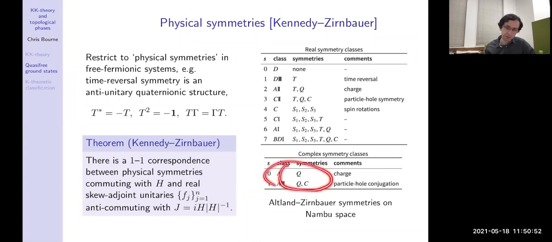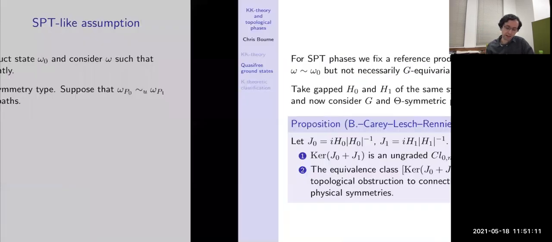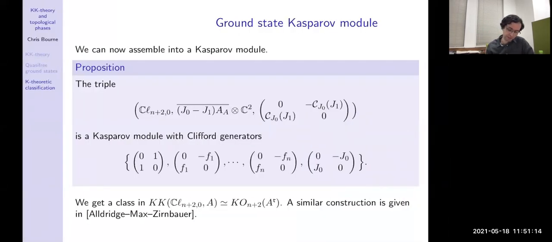When you have these complex symmetry types, which I didn't discuss, you can do a reduction so that you no longer have to worry about the real structure and you're back in the complex Hilbert space picture. So you will not get elements in the real K-theory, just in the complex K-theory.